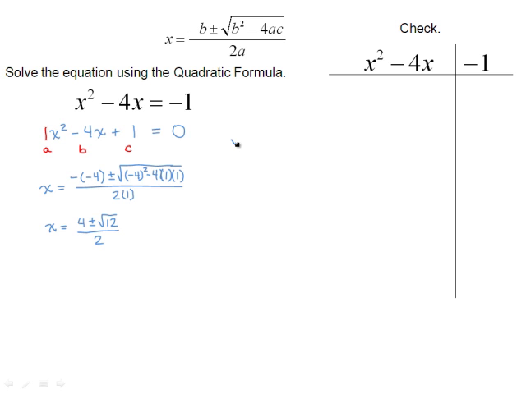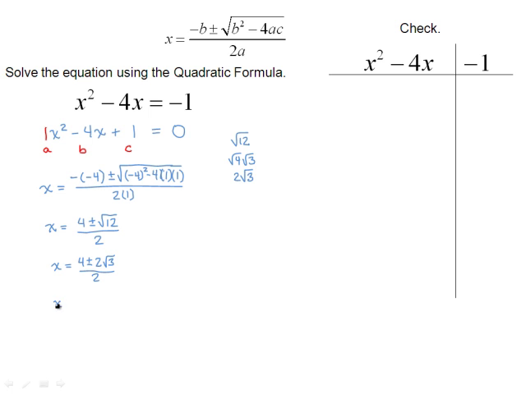We know that the square root of 12 can be rewritten as the square root of 4 times the square root of 3, and the square root of 4 is 2. So we could rewrite square root of 12 as 2 square root 3, and this is all divided by 2.